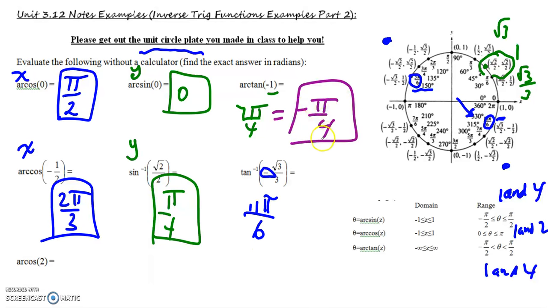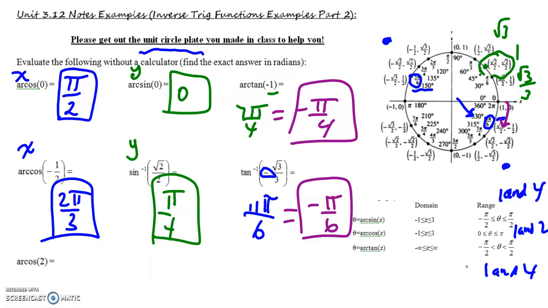However, like the example right above it, 11 pi over 6 is not in the restrictions between negative pi over 2 and pi over 2. So if we thought about going backwards again, from the x-axis down, this is the first pi over 6 angle that we are reaching, which means you could think of it, instead of 11 pi over 6, as negative pi over 6. And negative pi over 6 is within my restrictions.